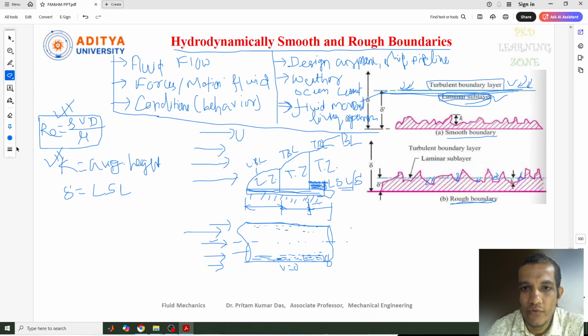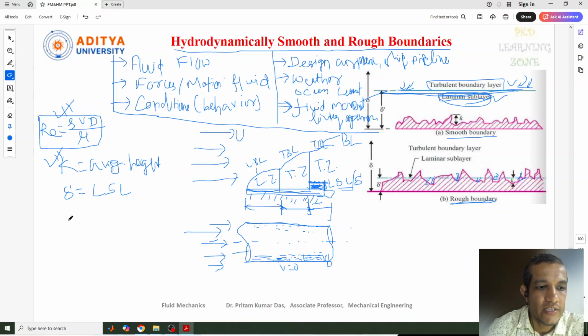Actually, all the things we are discussing are for turbulent flow. When we do this turbulent flow analysis, it is divided into two portions, as we have already discussed in the previous lecture. The first portion consists of a thin layer near the surface, near the boundary, and in this, viscous shear stress is dominating.